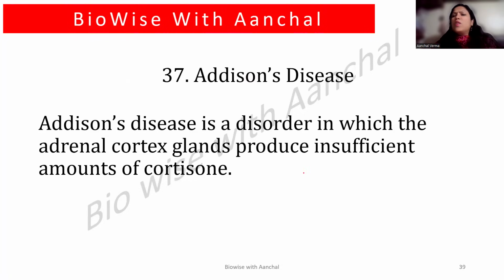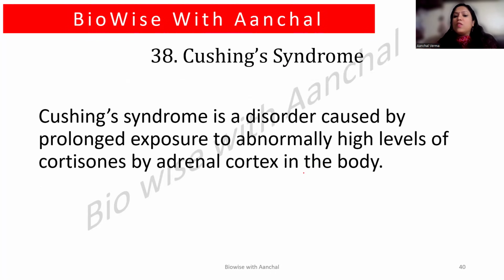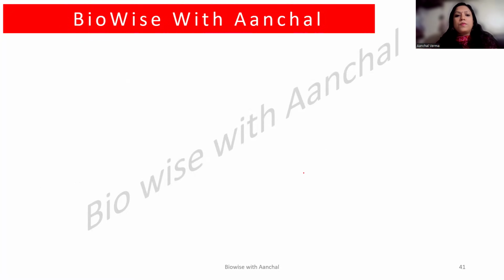Okay, so here you will have hypoglycemia, too thin, high metabolic rate, always tired, always fatigued. Similarly, in Cushing syndrome, the person will be obese with hyperglycemia, right? And it is a disorder in which there is prolonged exposure to abnormally high levels of cortisones. So they will also develop a kind of hump. Okay, that is your Cushing syndrome.